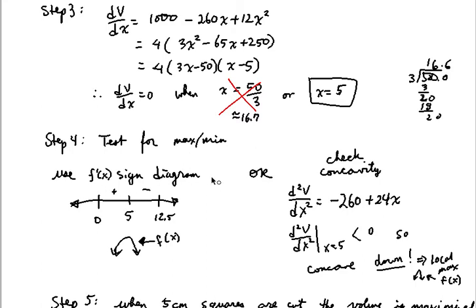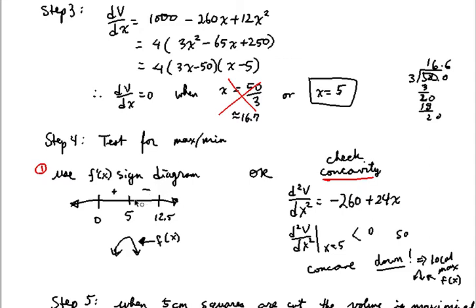Okay, so I could use two ways. One is to use the sign diagram of f prime of x, or I could use my concavity test, the second derivative test, and see the shape of the curve there. The sign diagram will result in, if I plug in a value that is less than 5, this will become positive because I'll end up with negative times negative.